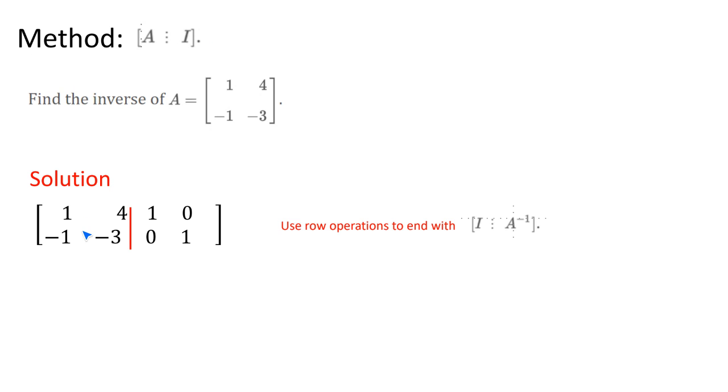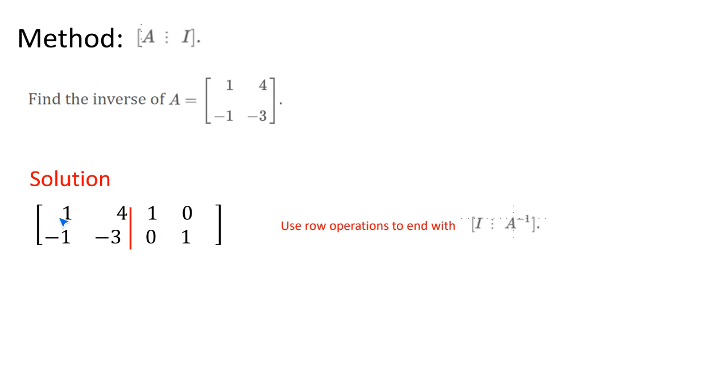So here's my matrix A, and here's my identity matrix. And then we're going to use row operations, and what we want to happen is that on the left side, we want to end up with the identity matrix, and then whatever's on the right, that's going to be your inverse.